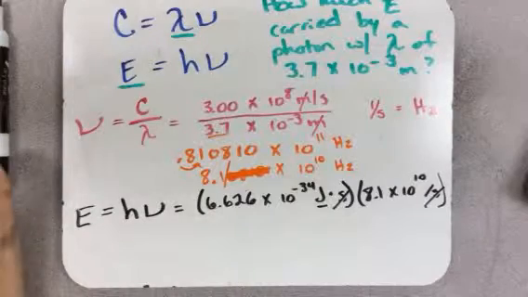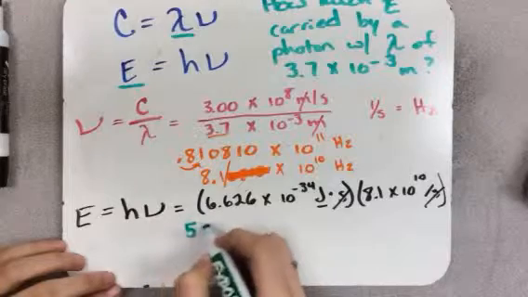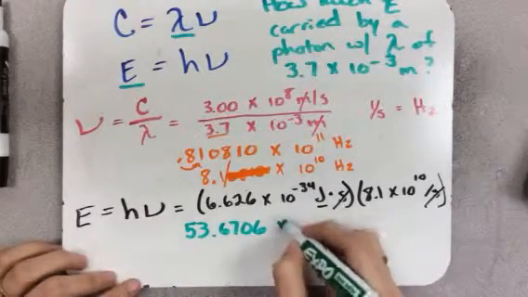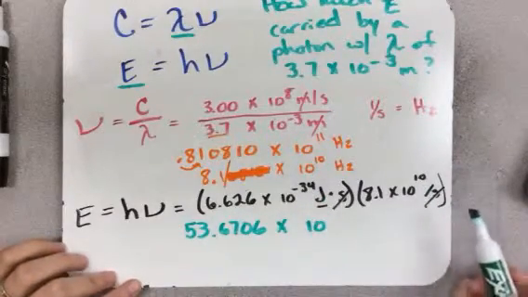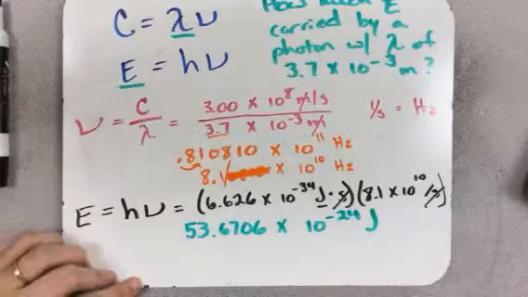So 6.626 times 8.1 equals 53.6706 times 10, and we do negative 34 plus 10. So that's going to be to the negative 24th joules.